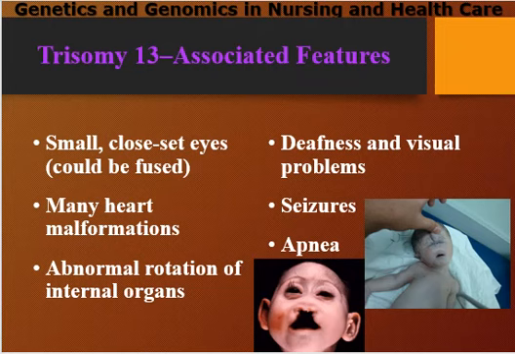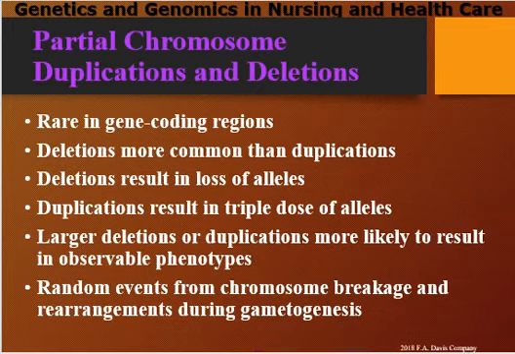So you see that fusion in this right-hand side picture. They have many heart malformations, abnormal rotation of internal organs, deafness and visual problems, seizures, and apnea. And again, a cleft lip, palate, and often even a cleft face.